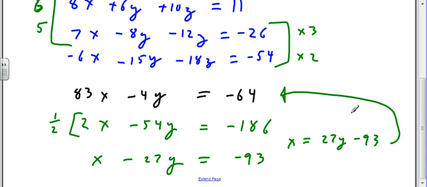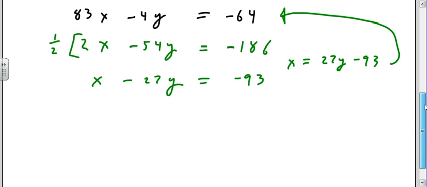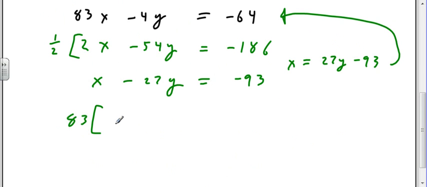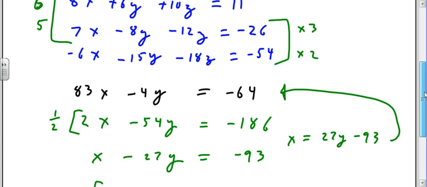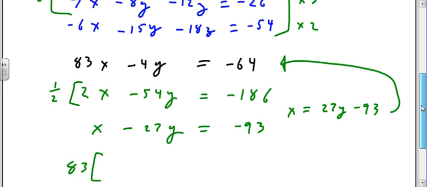I can put it back into there. Okay, so I've got 83 times. I can't put it back into there. Why can't I put it back into there? Yeah, I can put it back into there. Yeah, that's what I'm going to do.